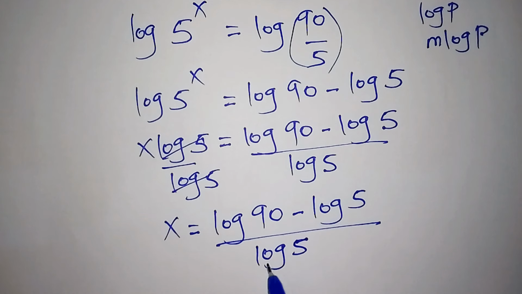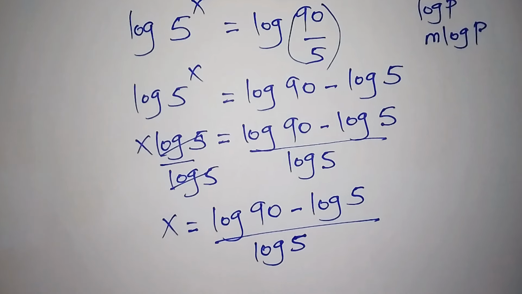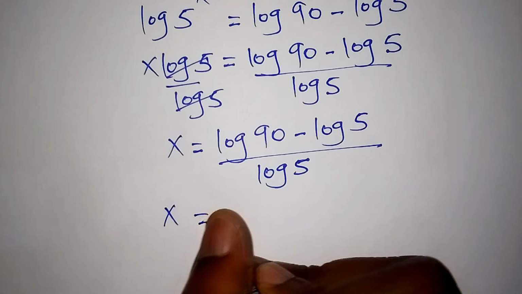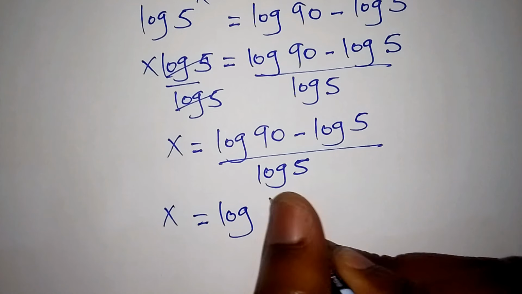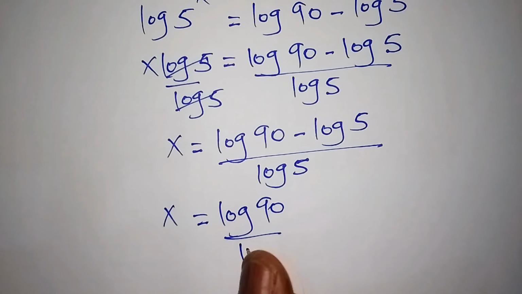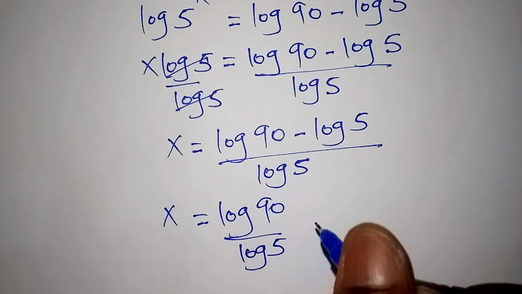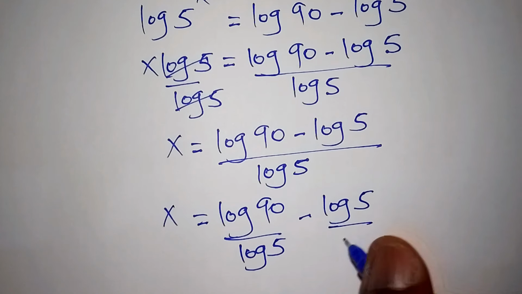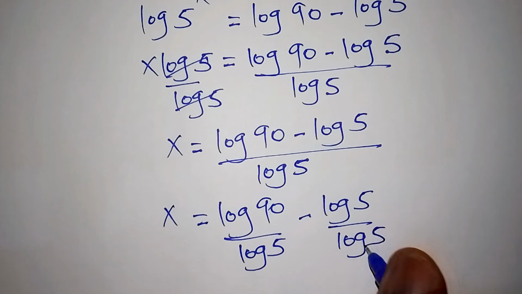So we use the log of 5 to divide 90 and also to divide log 5. We can rearrange them by saying that our value for x is equal to the log of 90 all over the log of 5, then minus the log of 5 all over the log of 5.